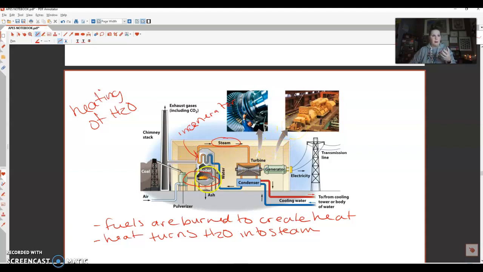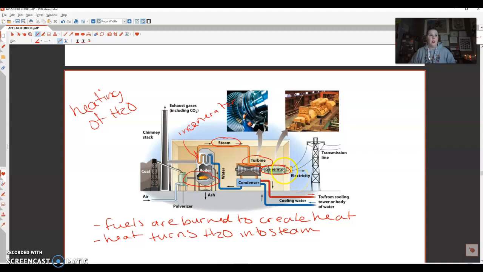It has motion. It gets piped into a turbine. Now, turbine is kind of a generic term for a motor that turns. It turns and turns and turns. If you think about a windmill, guys, those things that rotate like this, those are called turbines. Okay, so the steam is used to turn the turbine, which when the turbine is spinning like this, it's creating kinetic energy, and it powers the generator.